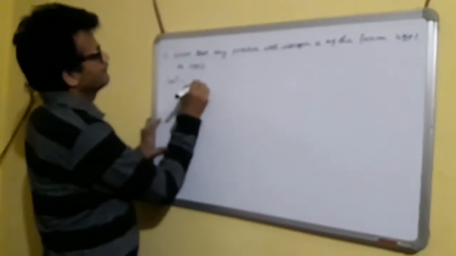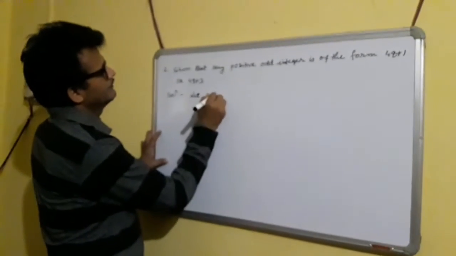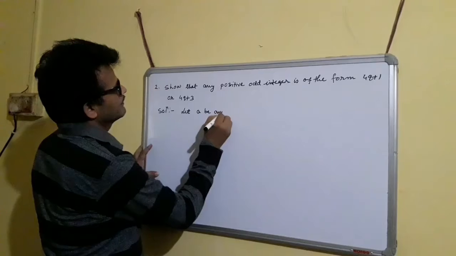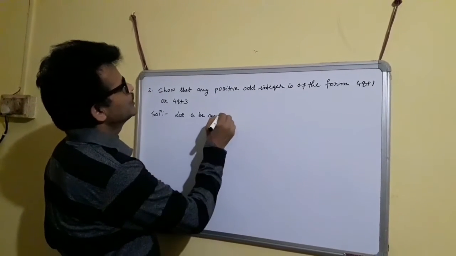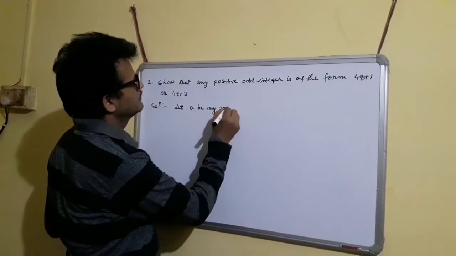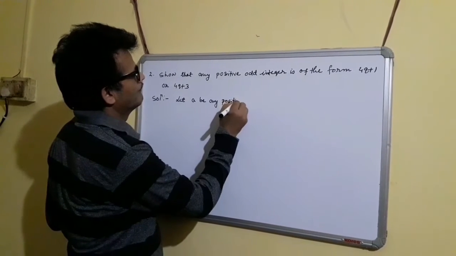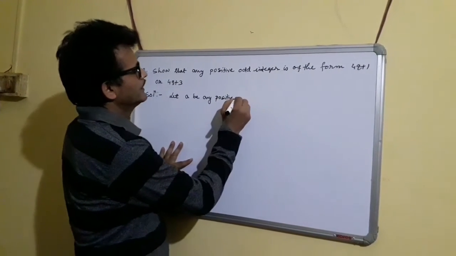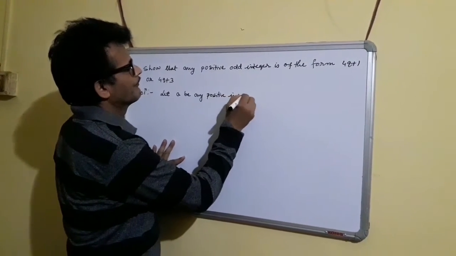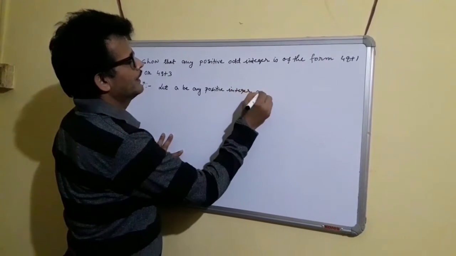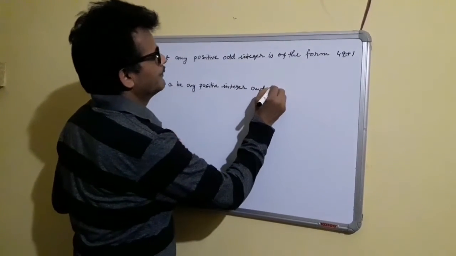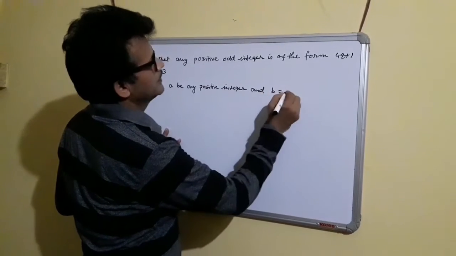Let a be any positive integer and b equal to 4.